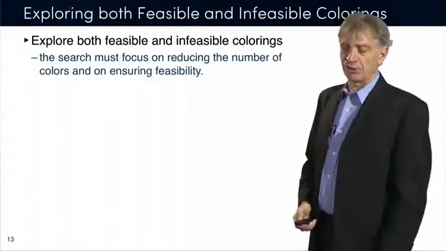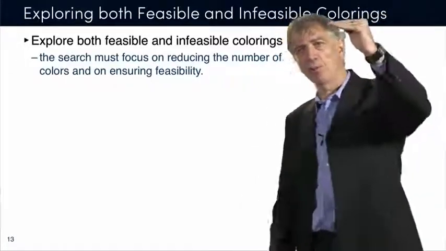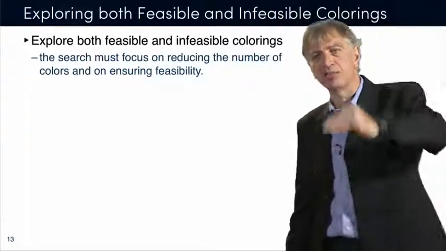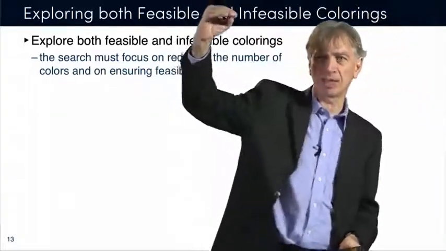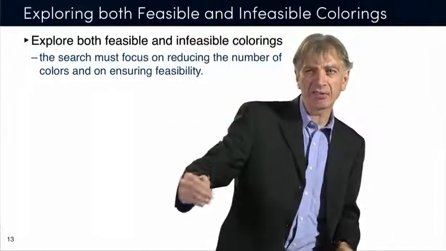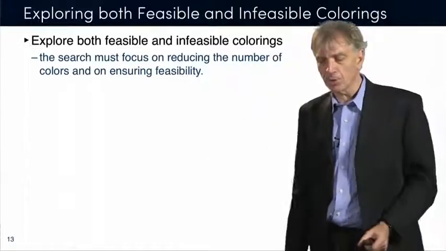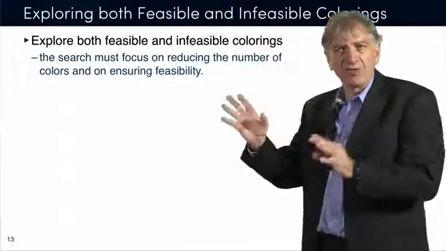So we have seen two approaches so far. In the first one, we were obsessed with feasibility, and we were trying to solve a sequence of feasibility problems. In the second one, we were obsessed with the objective function, and we always stayed feasible and tried to improve the objective function. The third approach is to say, I'm not obsessed by anything. I'm going to look at feasible and infeasible colorings.